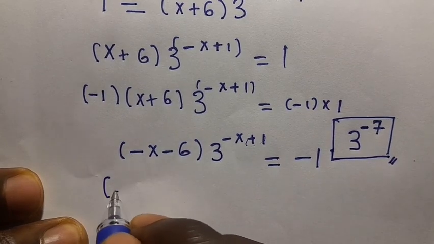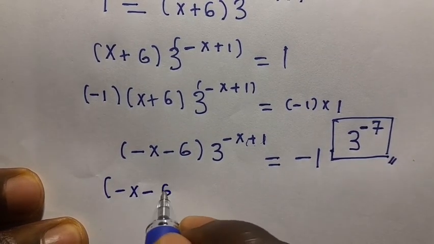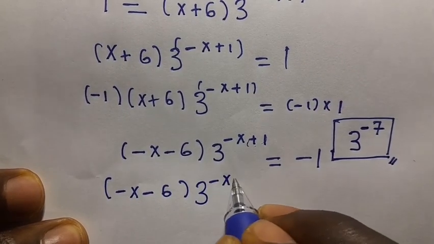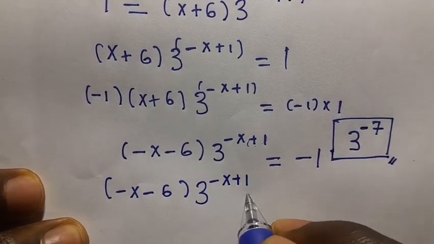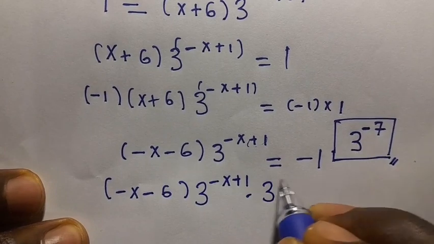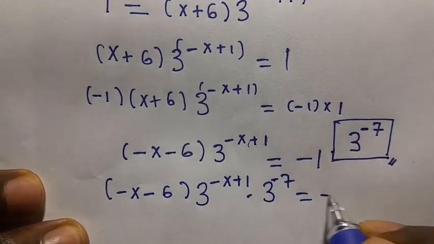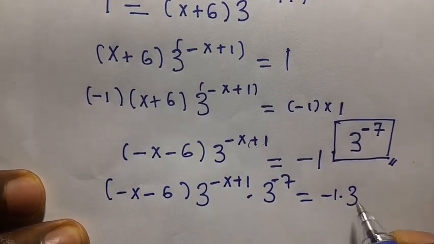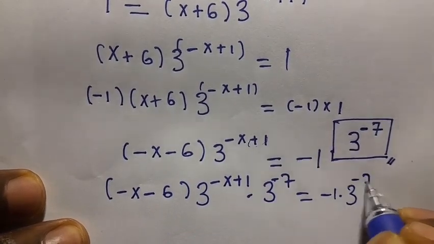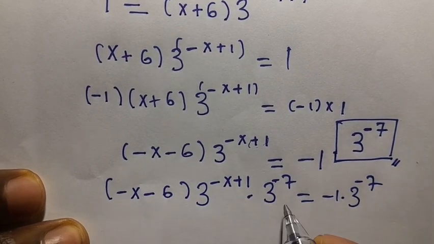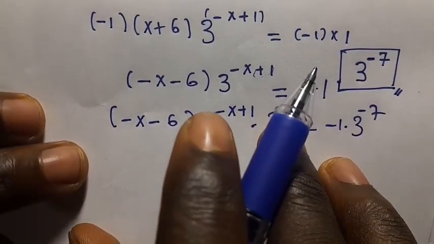Now we have minus x minus 6, 3 raised to power minus x plus 1 multiplied by 3 raised to power minus 7 equals minus 1 times 3 raised to power minus 7. We multiply 3 raised to power minus 7 through both sides.